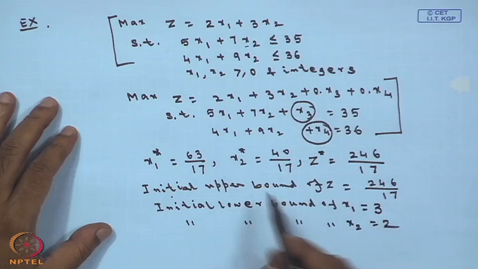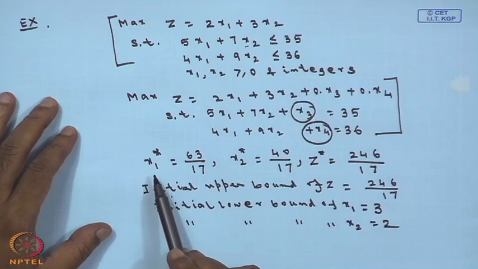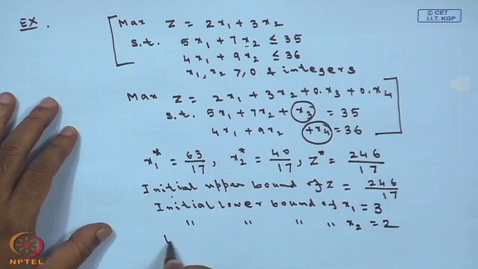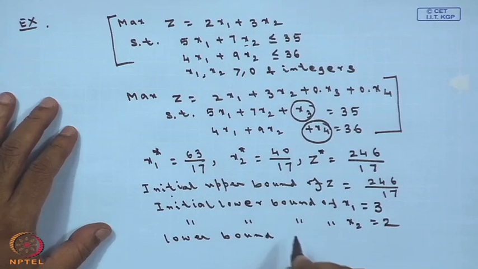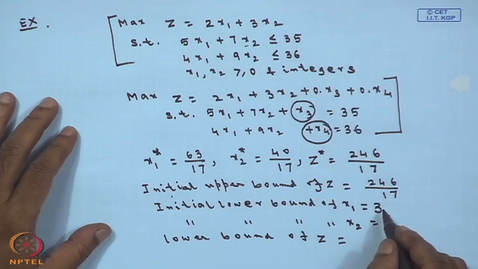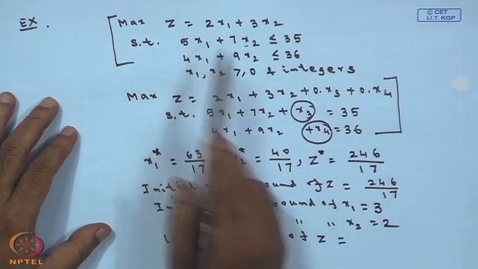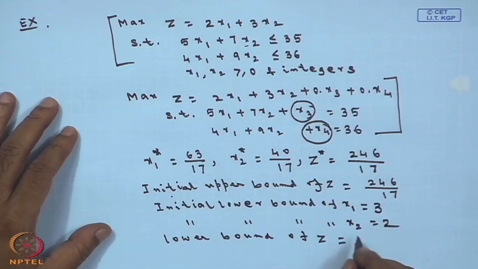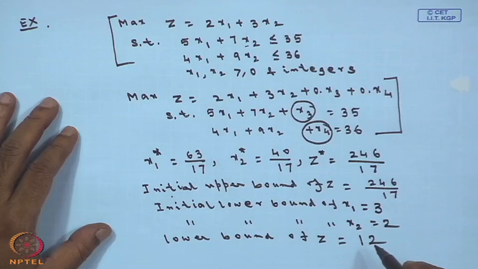So, you are going to impose a condition on which one? Another one is the lower bound of Z, in that case you can calculate from here. The lower bound of Z will be, if you put the lower bound of x1 value and x2 value in this equation, 6 plus 6, that is 12. So, you got a lower bound of Z, that means you cannot go below this value, your profit should not be below 12.